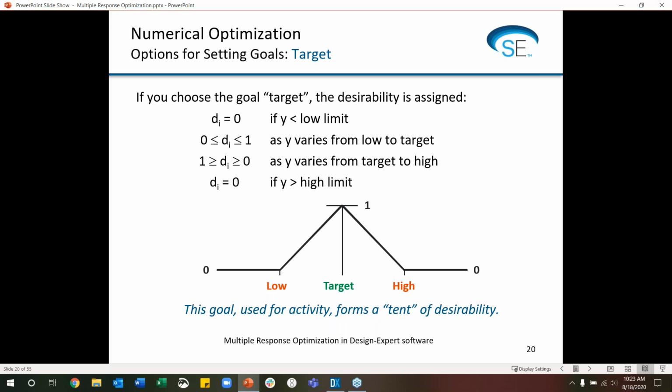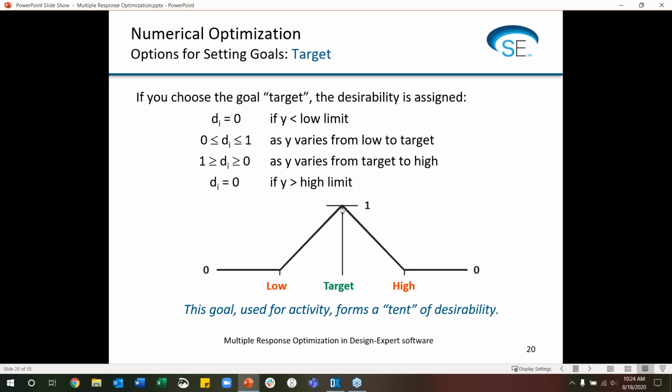Okay, the target goal gives a desirability of 0 if you are either below the low limit or above the high limit. We get a desirability of 1, the perfect desirability, only at the exact target.